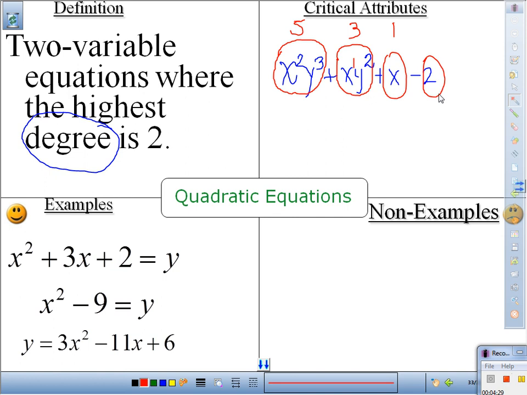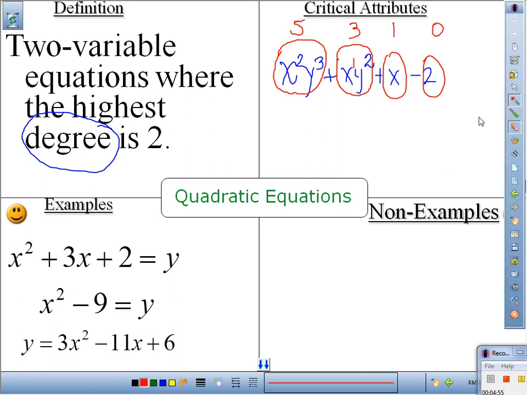And this one is 0 because there is no variable. That is correct. Now that I have my degrees laid out, the degree of this entire expression is the highest degree of the whole thing. What's the highest degree? So this polynomial is to the 5th degree. You're like, piece of cake.